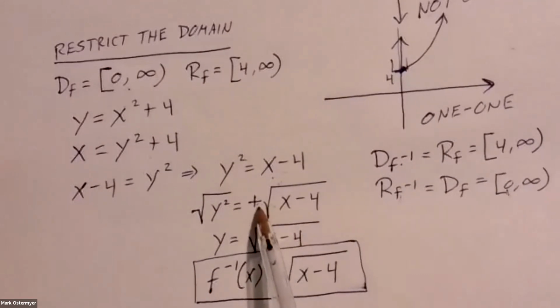So you don't have the negative sign in front of the square root here, only the positive sign. So you've got to pay attention to these domains and ranges when you're trying to find the inverse of a function. All right, that making sense? So I found that inverse function.